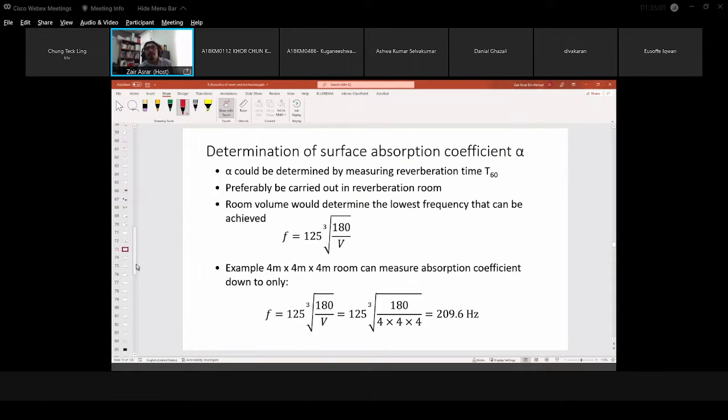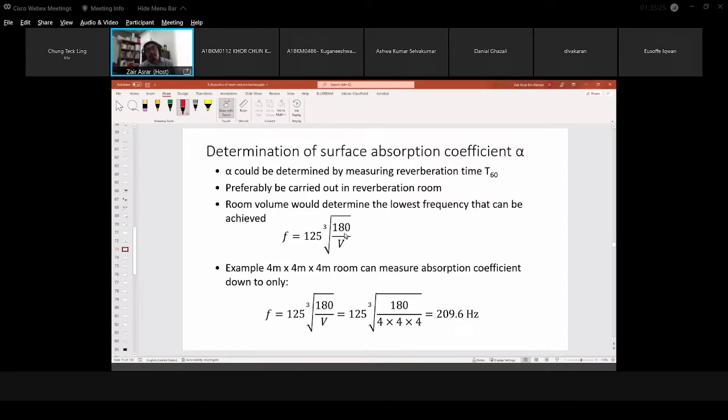Okay, so we can calculate A using reverberation time, and we do this in the reverberation room. We should make sure that the lowest frequency that we want our material to be tested at adheres to this equation.